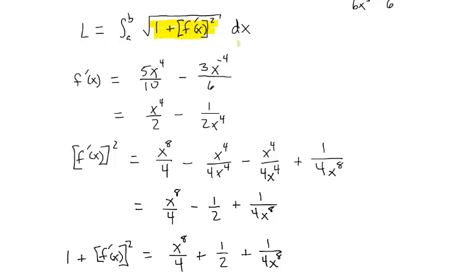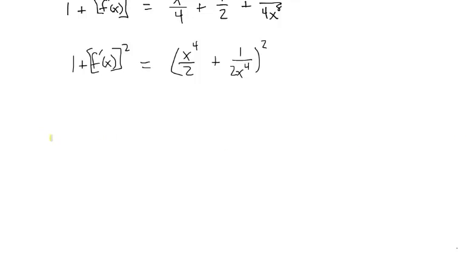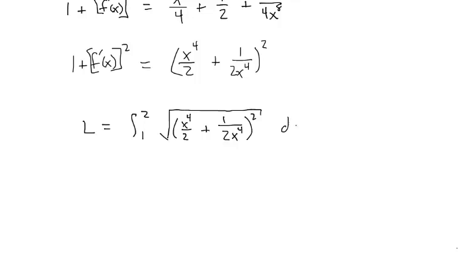So I'm going to rewrite this whole problem now, and I'm going to plug that in underneath the square root. So I have L is equal to the integral from a to b, which was from 1 to 2, of the square root of x to the fourth divided by 2 plus 1 over 2x to the fourth, all squared, dx.